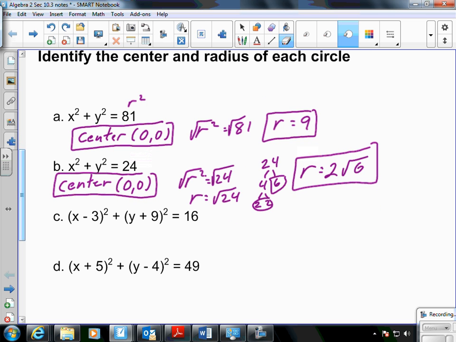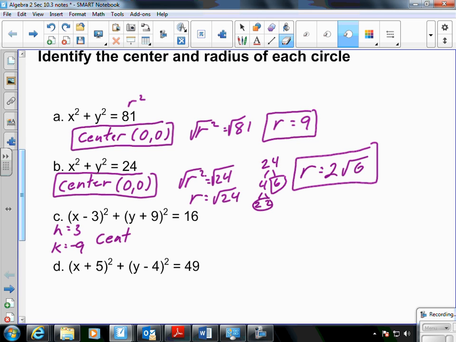Alright, next one: (x minus 3) squared plus (y plus 9) squared equals 16. Here we've got a 3 subtracted from x and a 9 added to y, so that means we've got an h and a k. We're not at the center of 0, 0 anymore. Remember that h and k are the opposite value of what they are in the equation, so minus 3 comes out as a positive 3, and y plus 9 changes to negative 9.